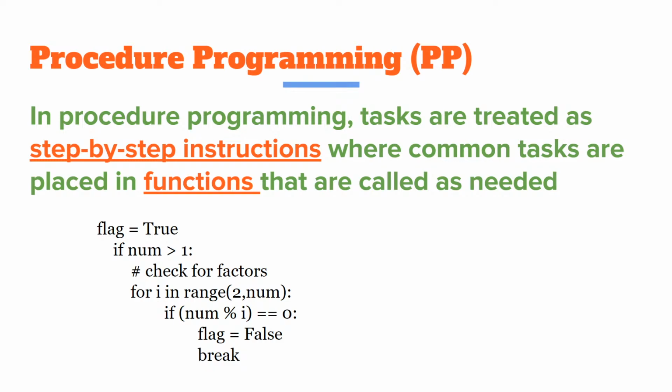Python can be written as a procedural program, and procedural programming is essentially just step-by-step instructions. So the basic instructions that we learned at the very beginning of this course, like writing the if statements and the for loops. Essentially no functions, no classes, no modules, no packages, nothing. Just bare code written inside a file, right?